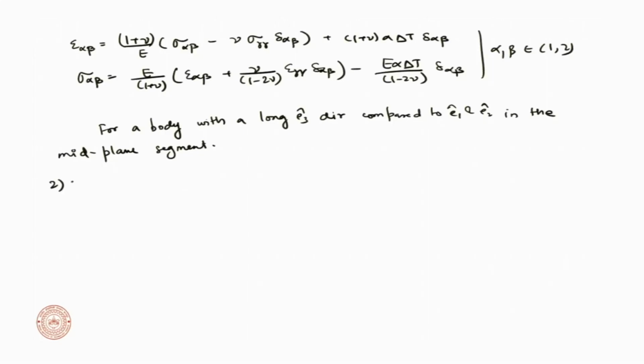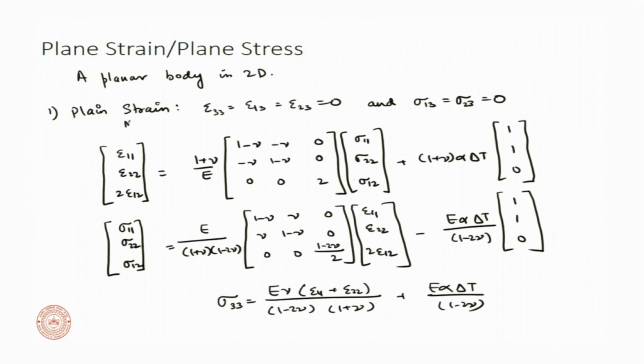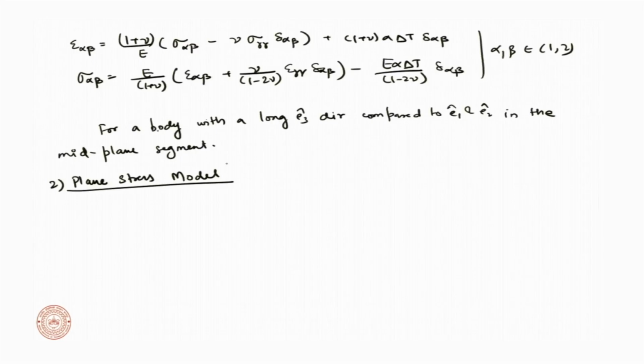Okay, so the second one is our plane stress. Let's write model over here. So in the plane stress model, what we have is that sigma 3 3 equals sigma 1 3 equals sigma 2 3.